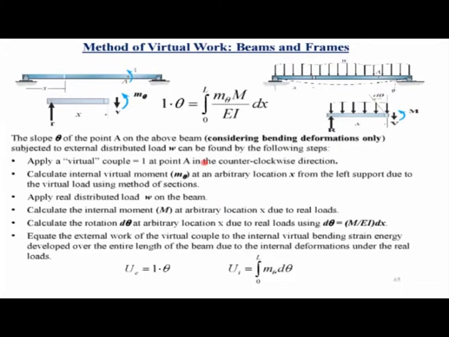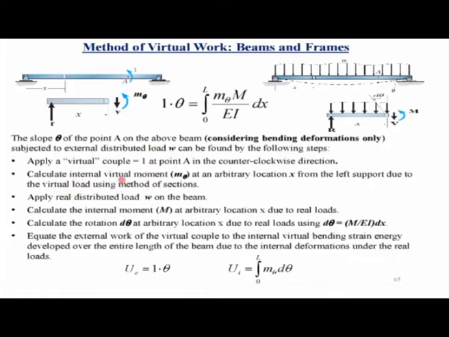Now, in the same manner, if you want to calculate the rotation at a point, instead of applying a virtual load, you apply a virtual moment of magnitude unity, and the rest of the steps are the same. So apply the virtual couple of magnitude unity at that point A where you want to calculate the rotation.